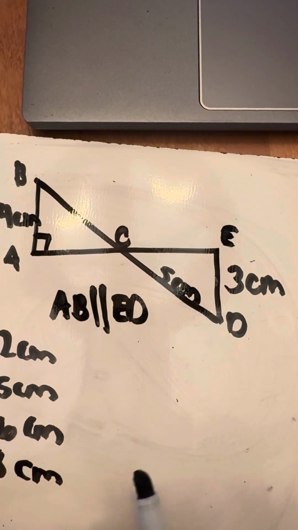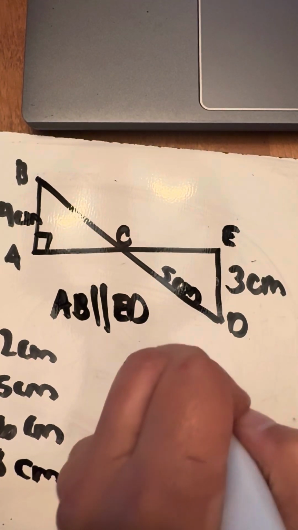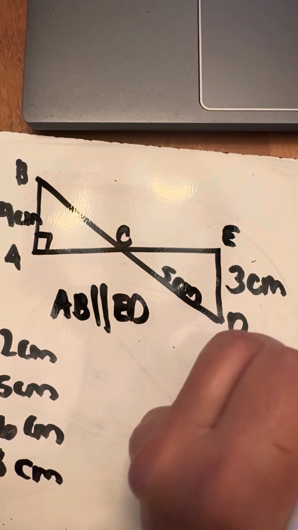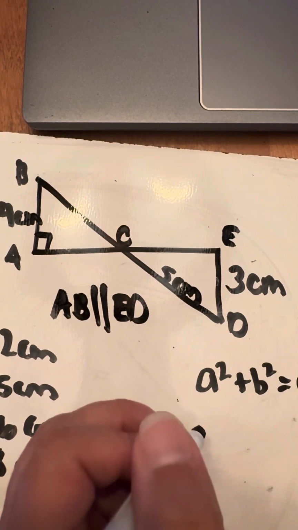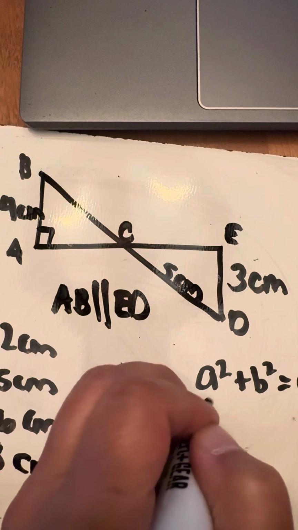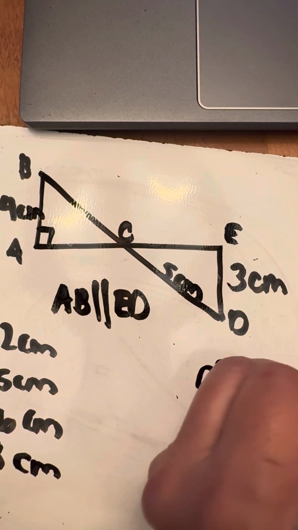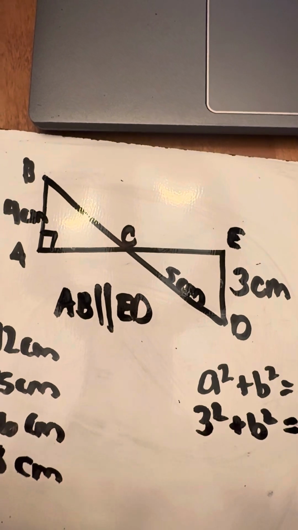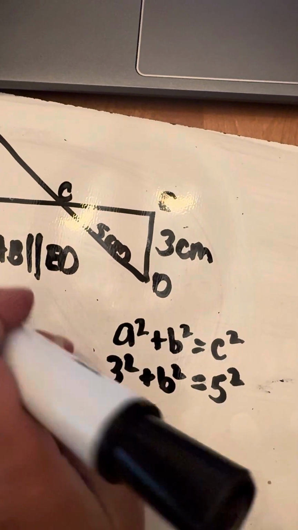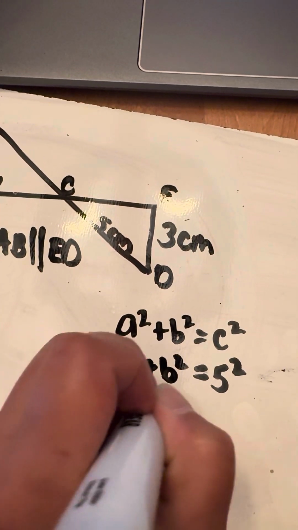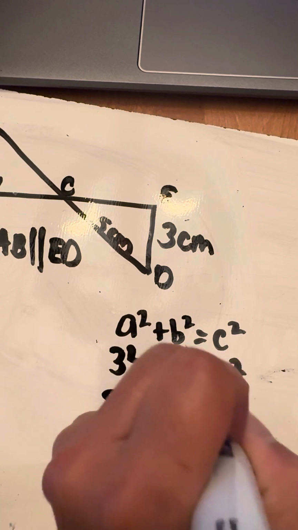If we know our Pythagorean triples, then we know that a squared plus b squared equals c squared. And again, you should know Pythagorean triples, hopefully. So a squared would be 3 squared, b squared we would not know, and c squared is 5 squared. We should know that it's 4, but this is going to be 9 plus b squared equals 25.